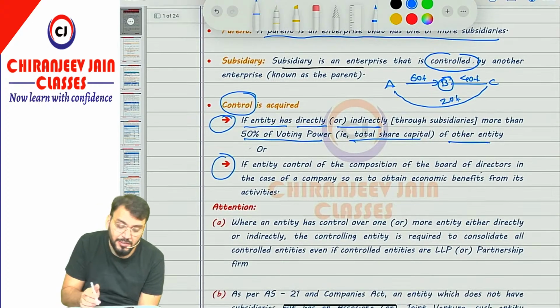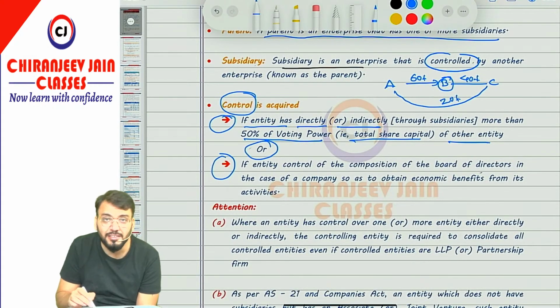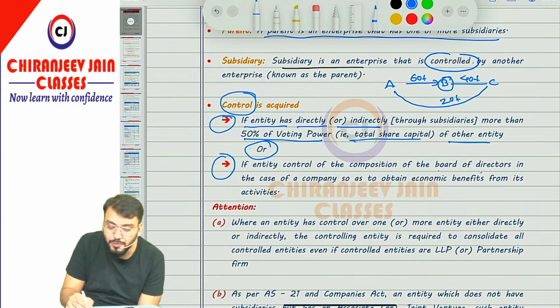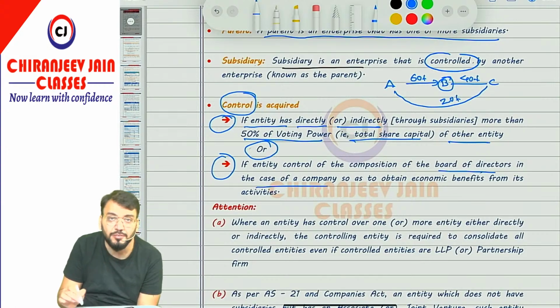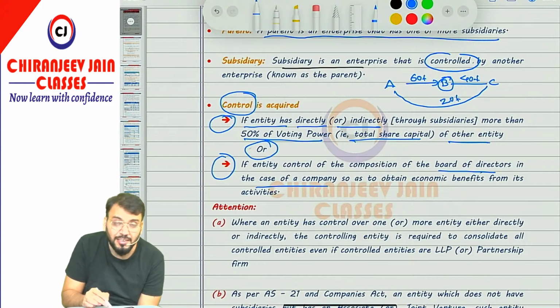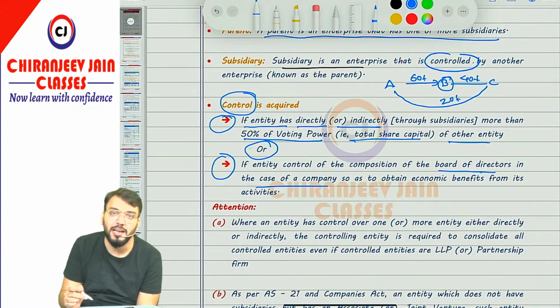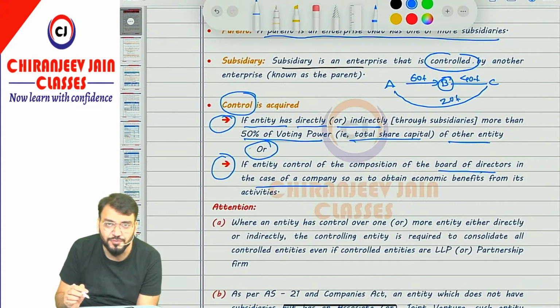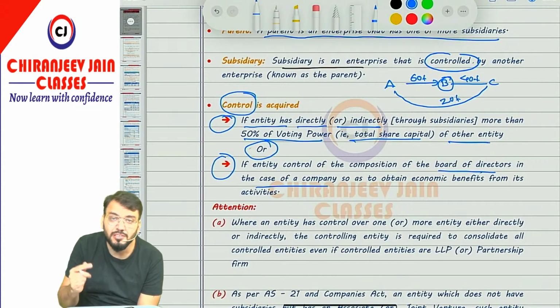Got this point? The second condition is what? If the entity controls the composition of the board of directors in the case of a company, so as to obtain economic benefit from its activities, then also control is obtained. Composition means the power to govern the governing body.